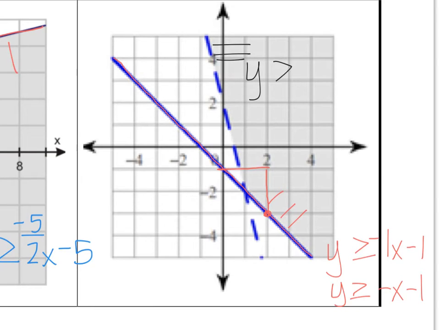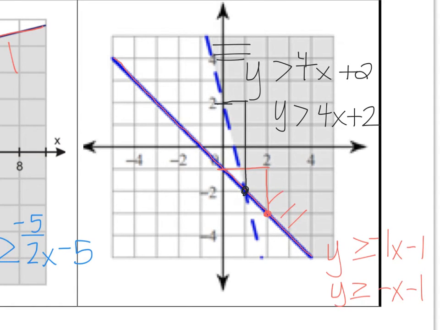So y is greater than, my y-intercept is here at 2, and I'm going to use, let's see, find another point. We'll use this point right here. So my rise is 1, 2, 3, 4, and my run is 1. So my slope is 4 over 1x plus 2. So y is greater than 4x plus 2.